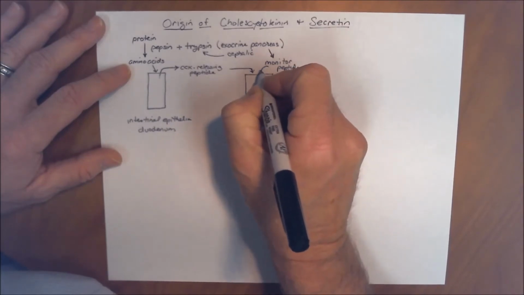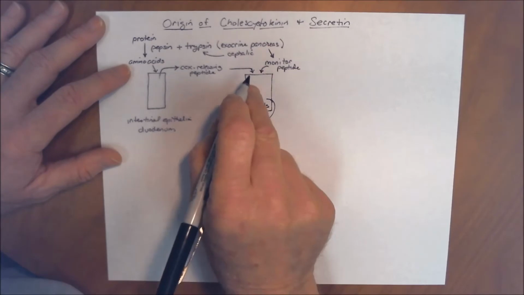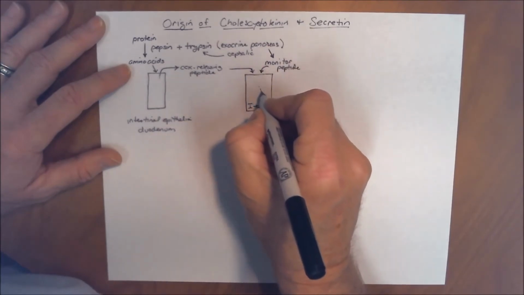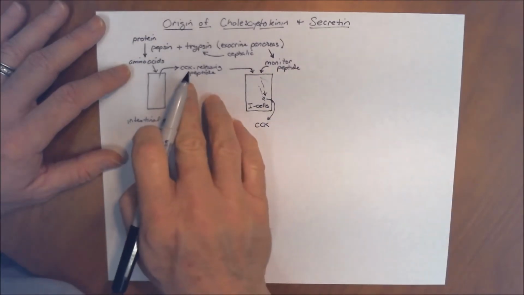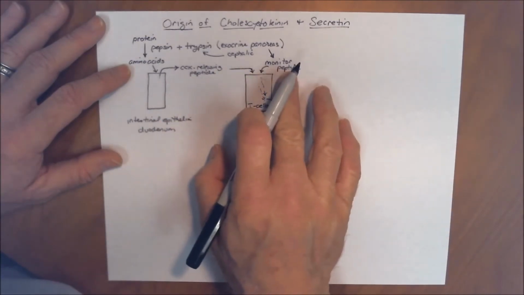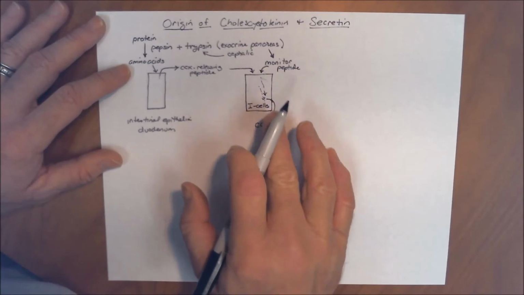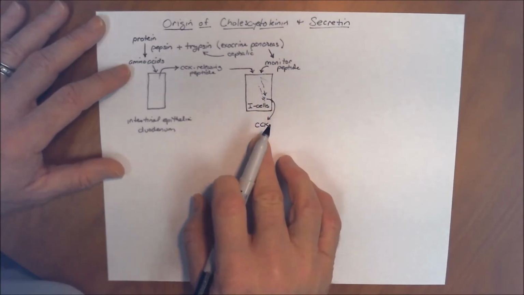This binds to its receptor, and now once we have this dual signal between the CCK releasing peptide and monitor peptide from the pancreas, now we can secrete CCK into the blood.